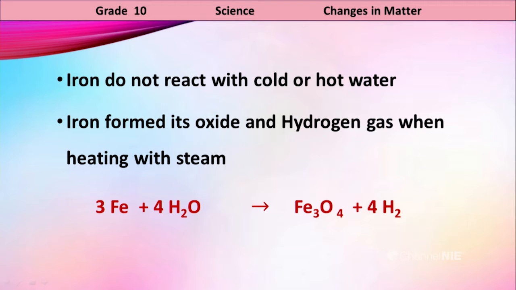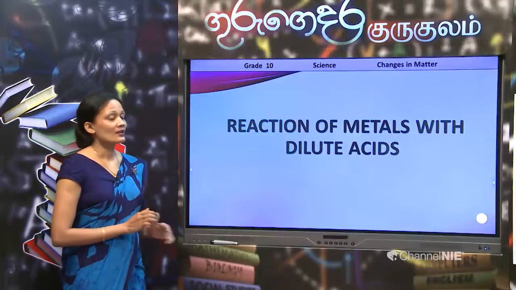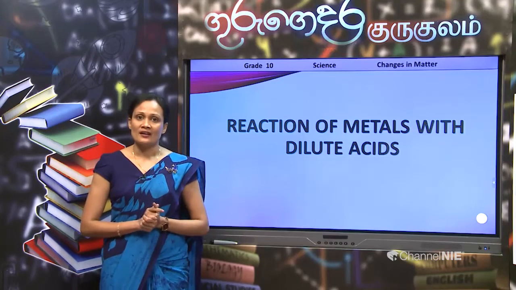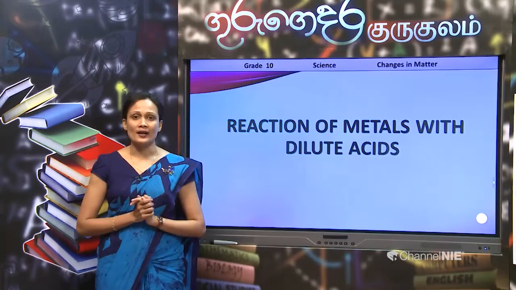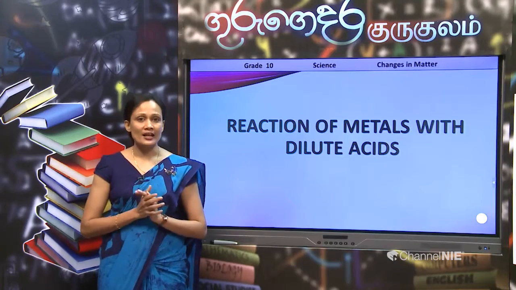Iron reacts with steam and forms its oxide and hydrogen gas. Okay. By using these reactions, we can identify how metals react with water. Metals do not react in the same manner with water because their reactivity is different.